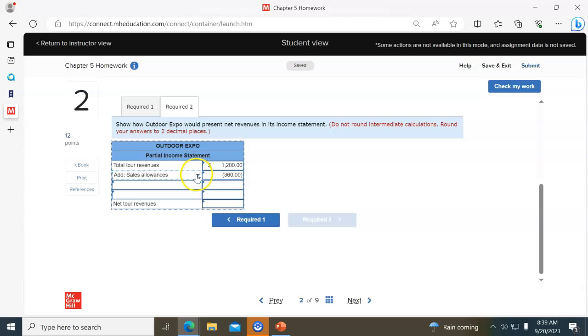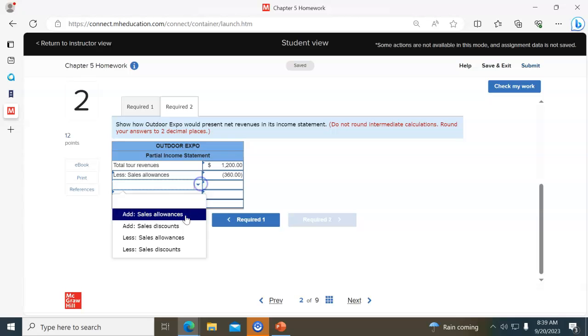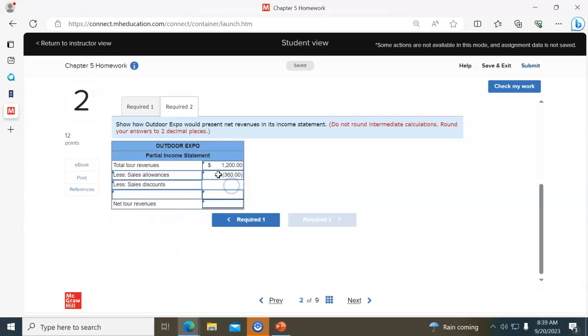Not add, less sales allowances, less the sales discounts of $50.40, gives our net tour revenues $789.60. Do you see how we're showing our revenues? The full amount less the allowances, the discounts. Okay?